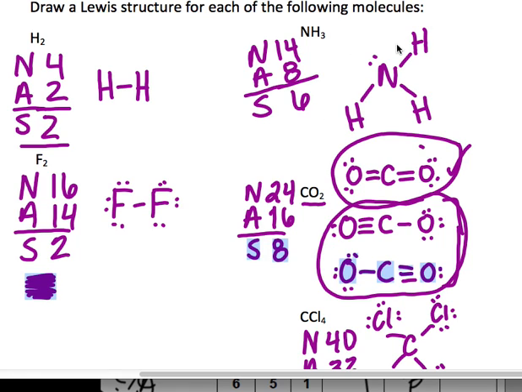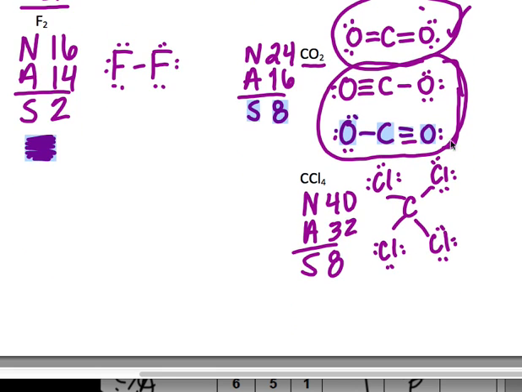How many areas, first off? 4 areas, so the family is tetrahedral, and then the geometric structure is trigonal pyramidal. And what's my bond angle? Less than 109.5, and is it polar or nonpolar? Polar. It's got a lone pair, and it's not one of the exceptions.